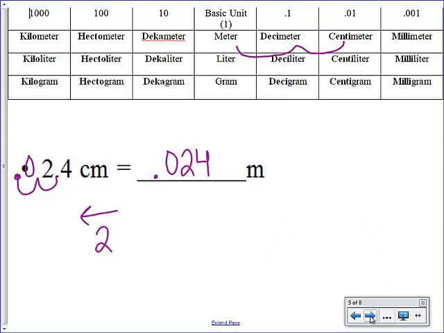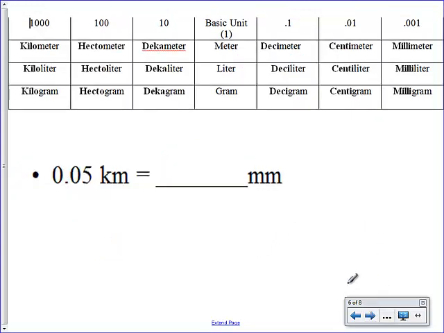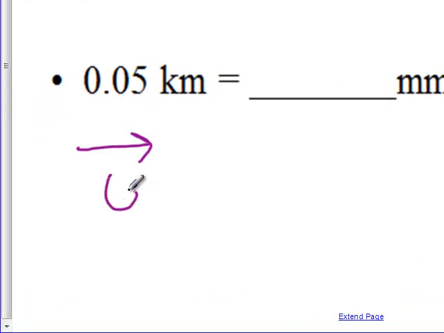Let's try another one. We're at kilometers right here, and we're going to move all the way down to millimeters. So we're going to be going 1, 2, 3, 4, 5, 6 places. So we're going to be going this direction, 6 places. So we'll start where our decimal point is and move it 6 places.